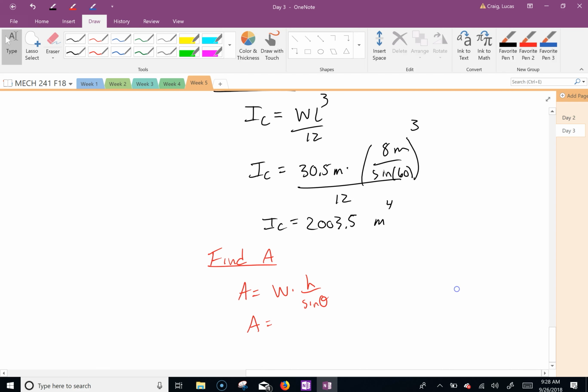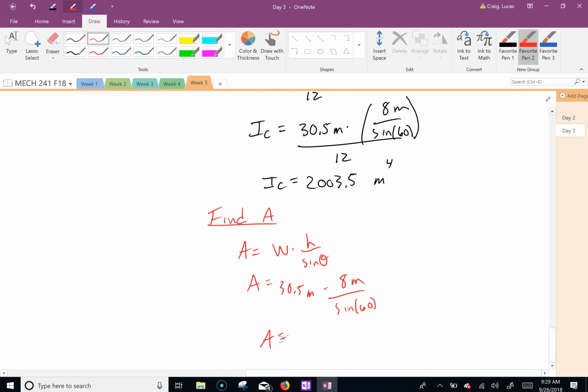Plug this in your notes. 30.5 meters times 8 meters over sine of 60. We get this to be 281.75 meters squared.